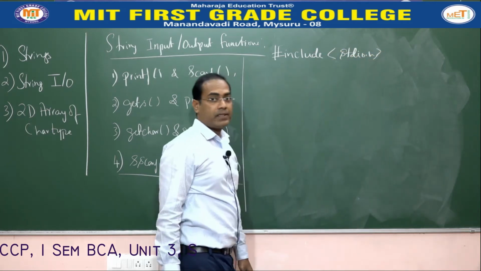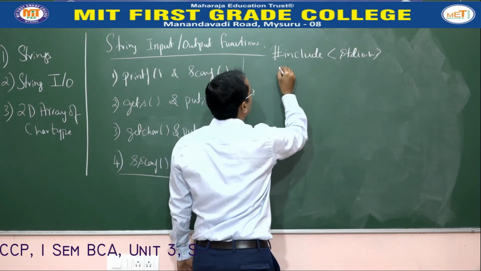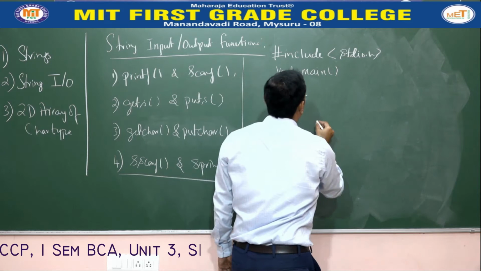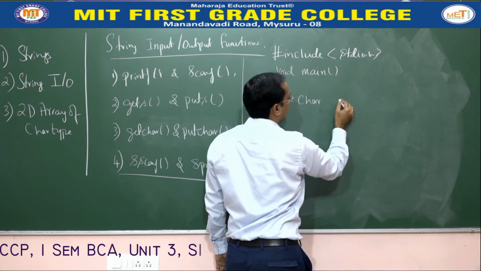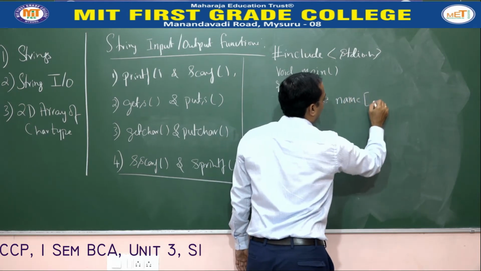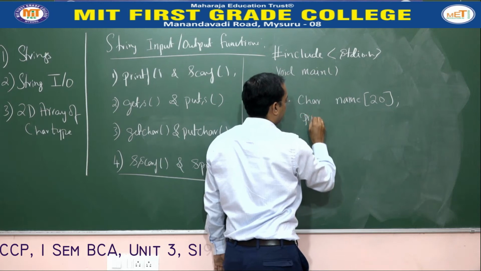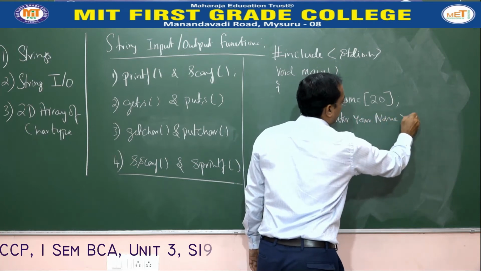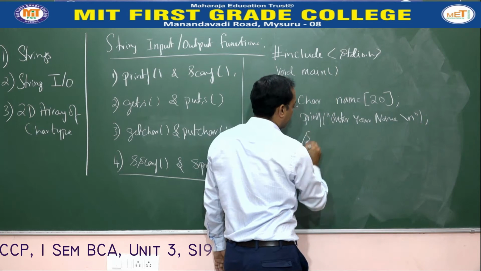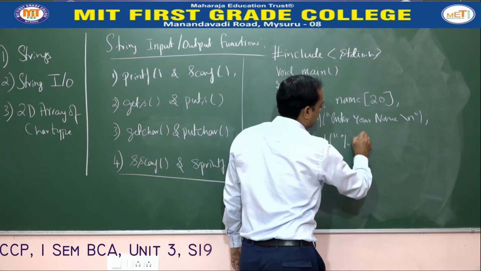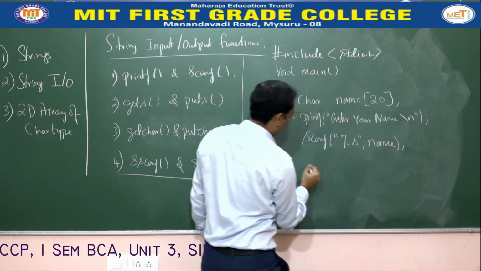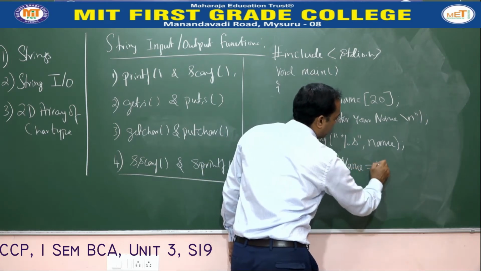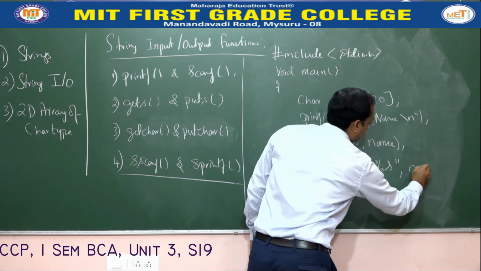If you are working with printf and scanf, you have to include the stdio.h library. void main, declare the variable, char name[20]. printf("enter your name\n"); scanf("%s", name); Now printf("name is equal to %s", name).